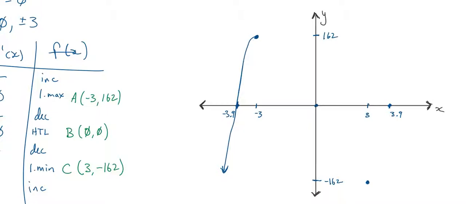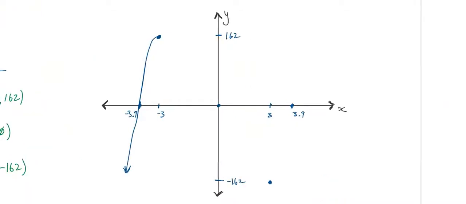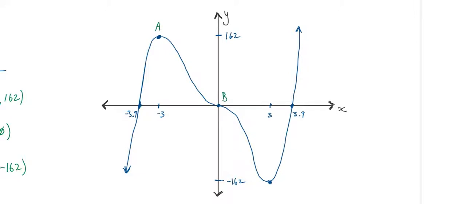It's a twist. So keep that in mind when you're graphing. And then I have my local minimum. And then it goes from there. Any questions?